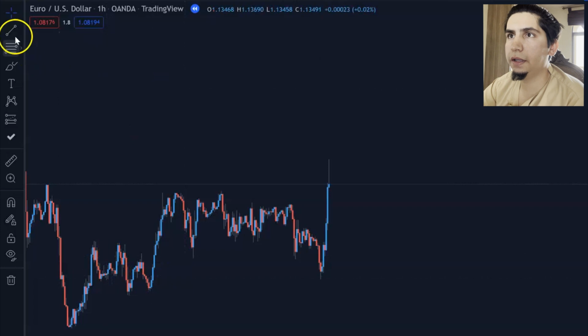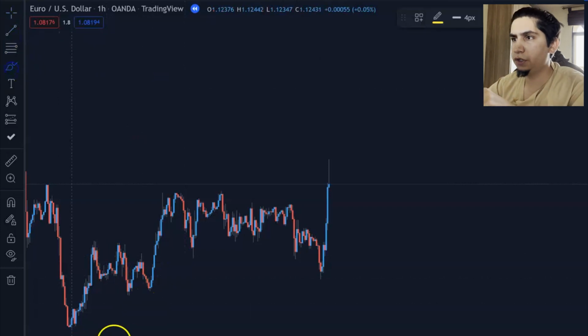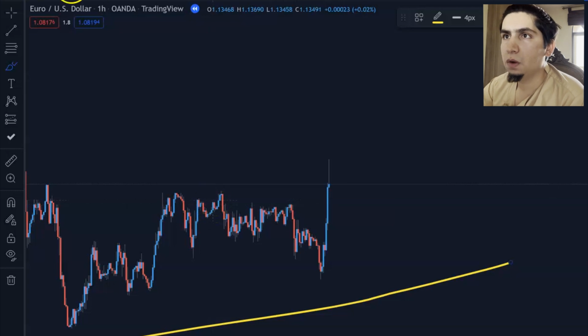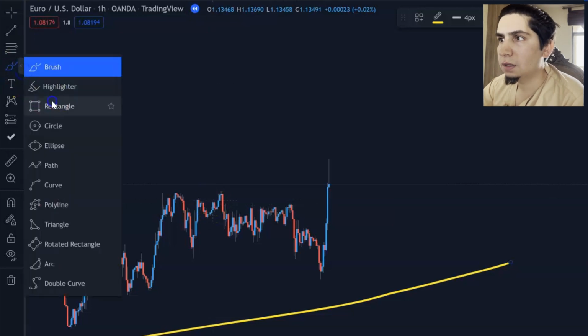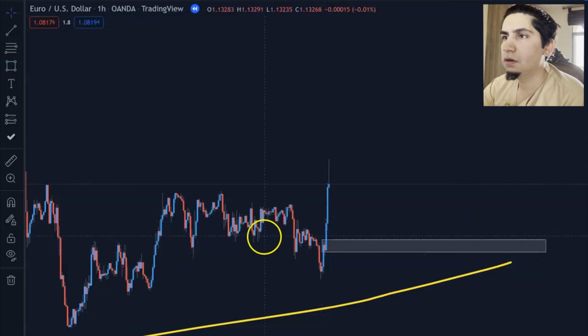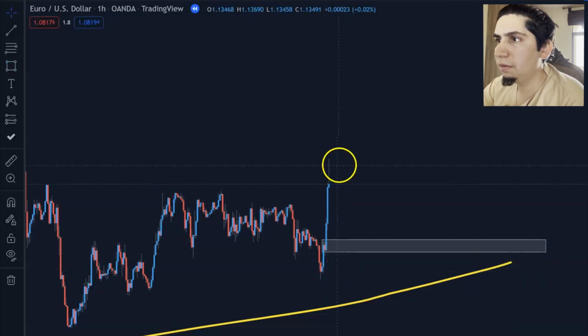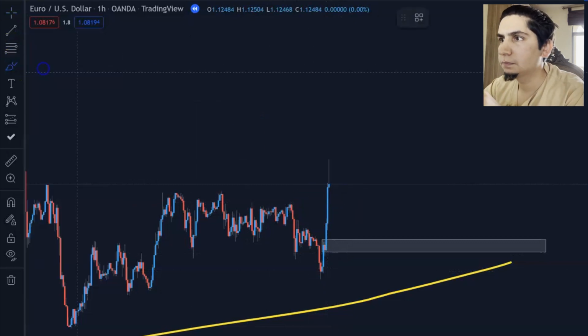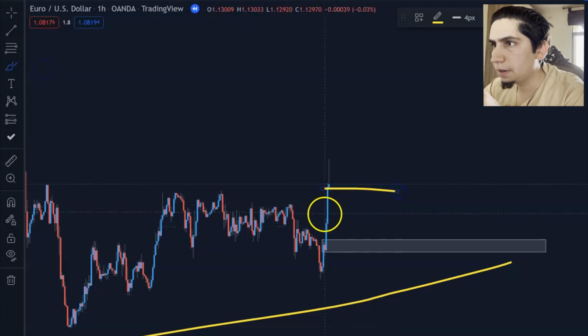So how do you actually trade all of this now that you know what this means, okay? Let's go and find an example. So we can see that this market is bullish. It's going up slowly, making higher highs, higher lows. So here is an order block level down here at this red candle, because we had structure and we broke above it, giving us nice imbalance here, nice imbalance here, nice imbalance here and here.